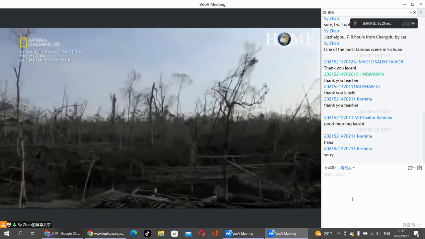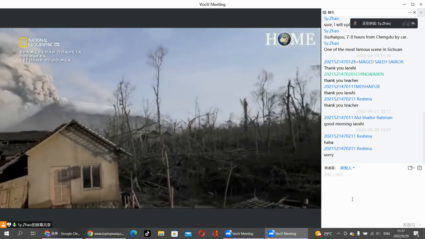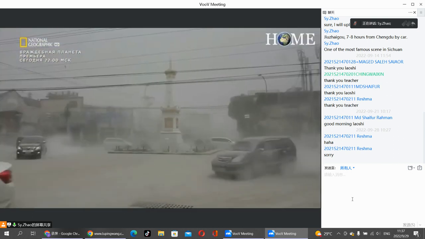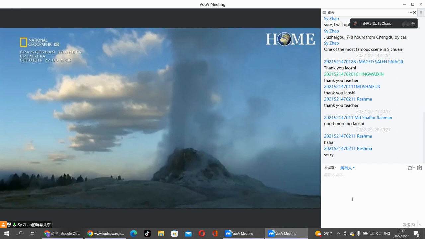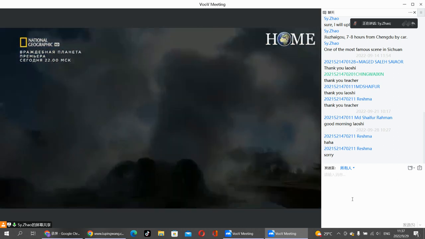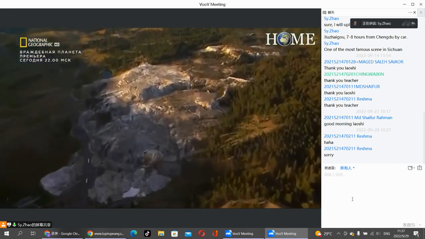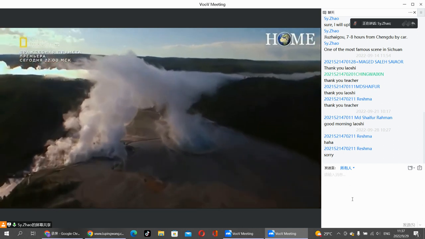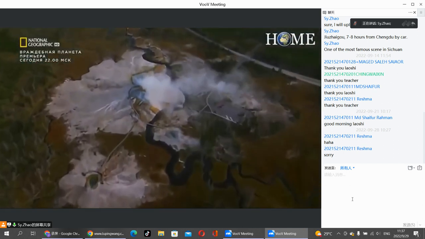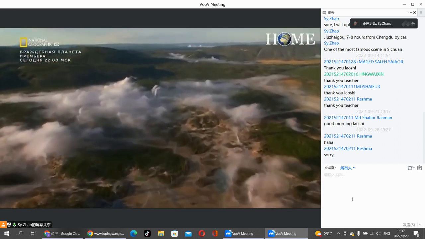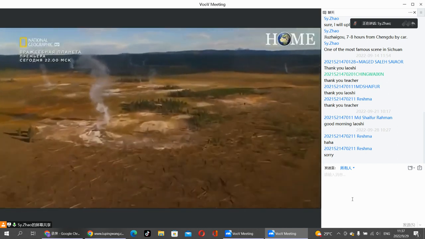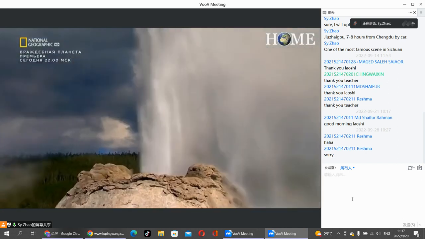Perhaps. It's hard to imagine that Earth could have worse in store for us. But there's one place that may not lie quiet forever. Search the planet and you'll find no landscape quite like this one. Here, more geysers erupt than anywhere else on Earth.